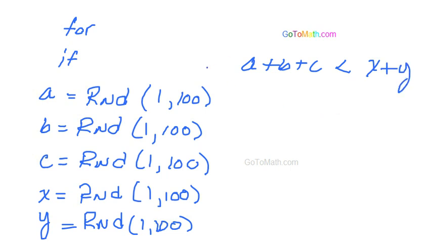Alright, so what's the probability, we'll call it big P here, that A plus B plus C is going to be less than X plus Y? Right, so these guys are all randomly chosen. A random number is assigned to A from 1 to 100 and all the way through. Alright, what's the probability that A plus B plus C is less than X plus Y?